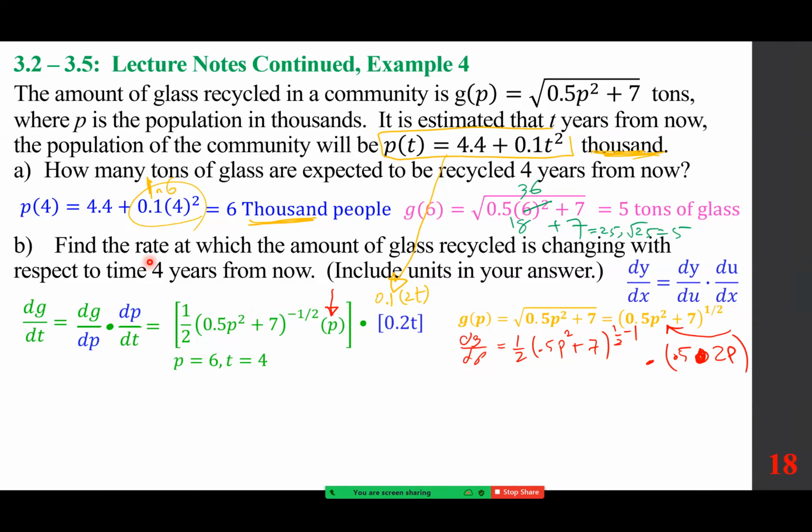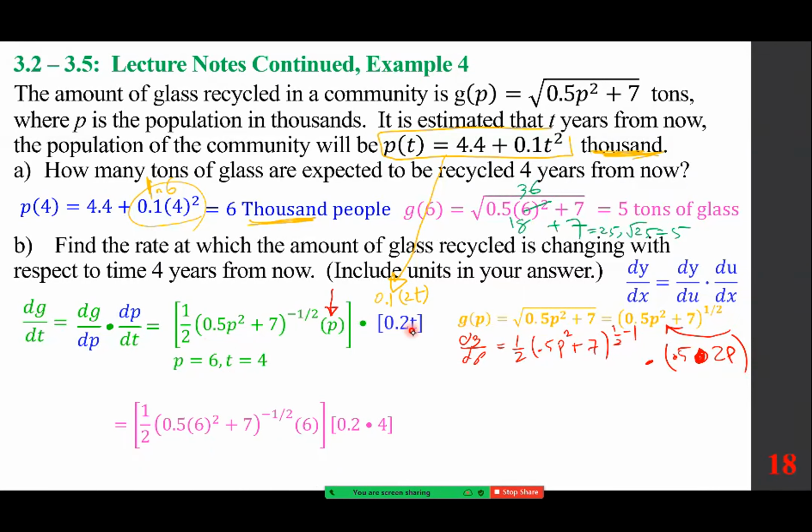Since we want to find the rate 4 years from now, we are going to replace the t with 4 and p with 6, which we found before. So replace the p here, this one and this one with 6, and t, only this one, with 4. Let's replace. So what happens is that I showed you this one is 5.